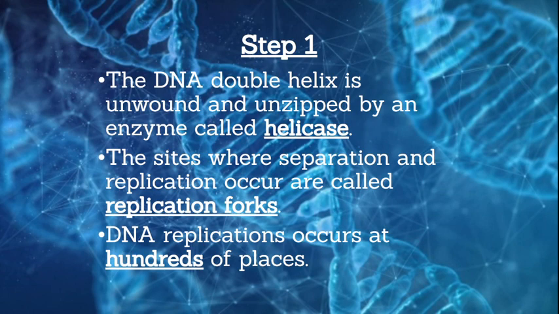Just like you're coming up to a fork on a road and you have to make a choice whether to go left or right, sitting there at the crossroads, that is your replication fork. And DNA replication occurs at hundreds of places in the DNA.